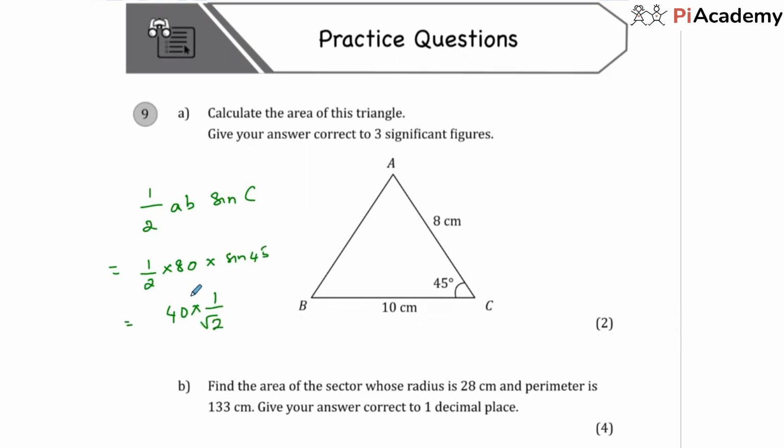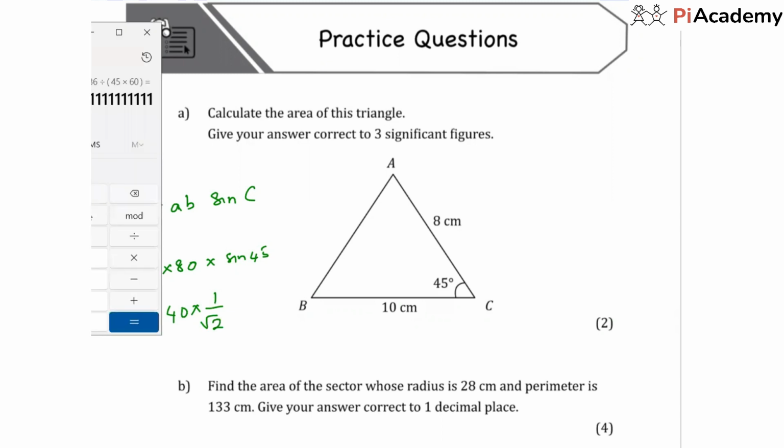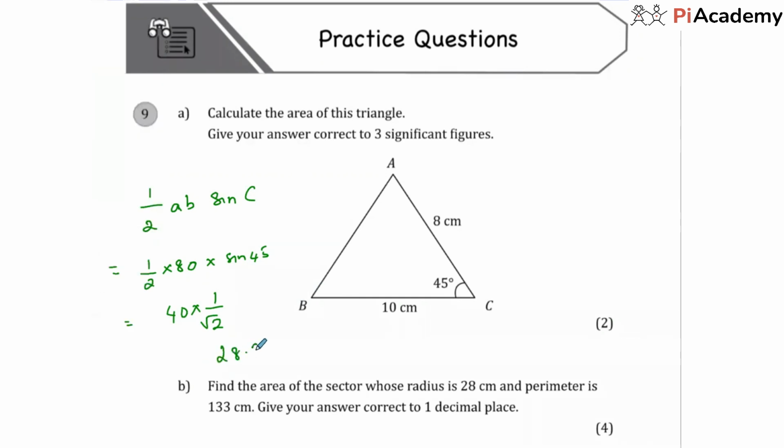Let's simplify: sine 45 times 40 is 28.29, so 28.3 centimeters. Makes sense? That's the area of this triangle, 28.3 centimeters.